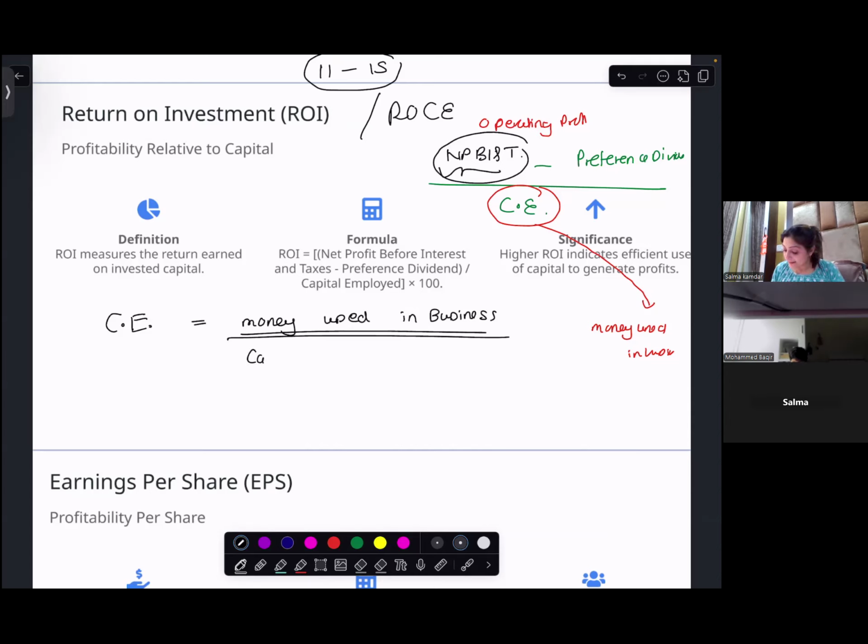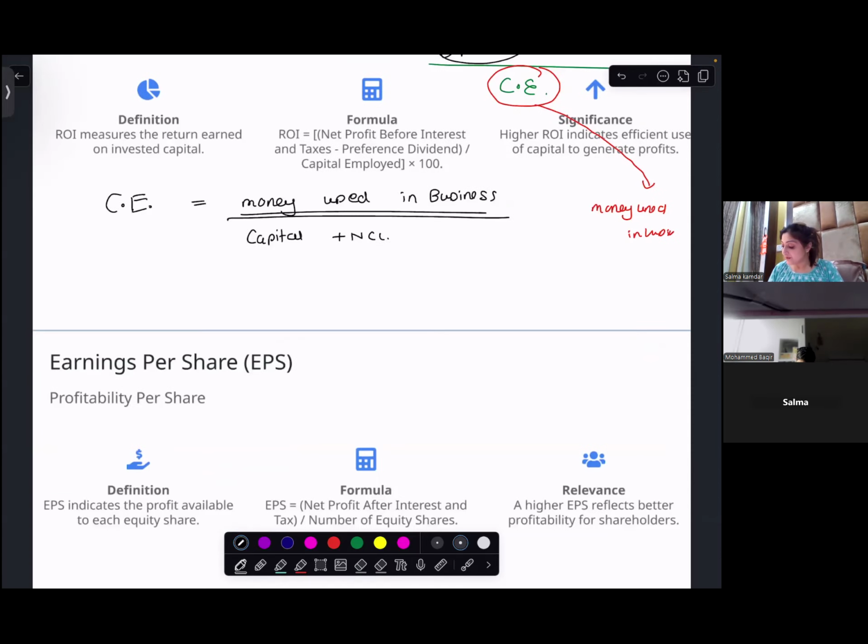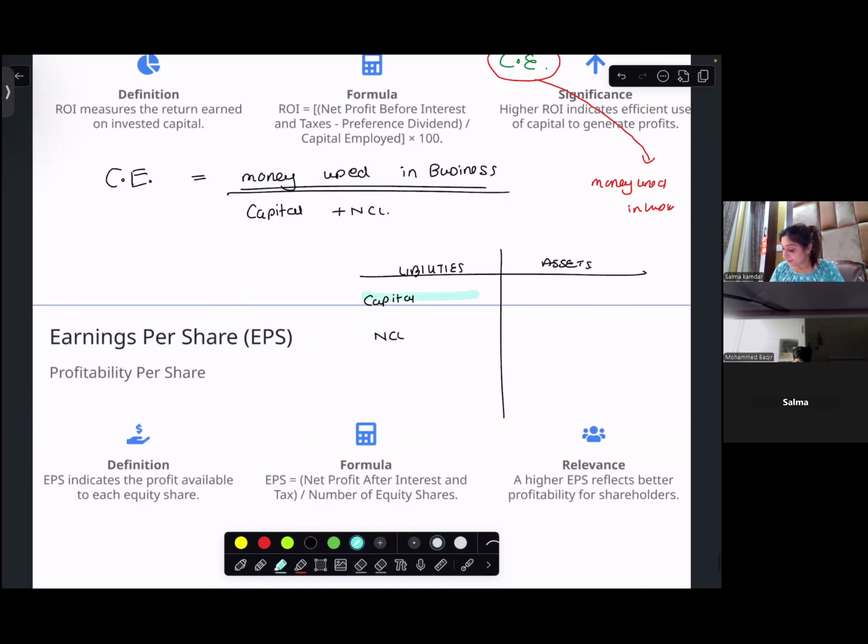It is your capital plus your non-current liabilities. If you make your balance sheet, you have your liabilities over here and your assets over here. So capital plus non-current liabilities is going to give you your capital employed.